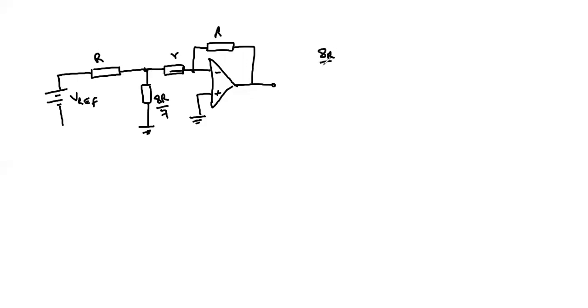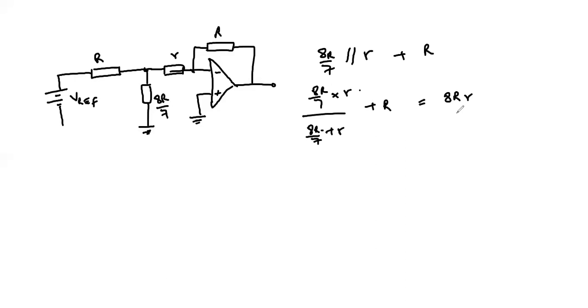We have 8R over 7 in parallel with small r, plus R to be our total resistance in the network, which will give us 8R over 7 multiplied by r over 8R over 7 plus r, plus R. That's our total resistance.